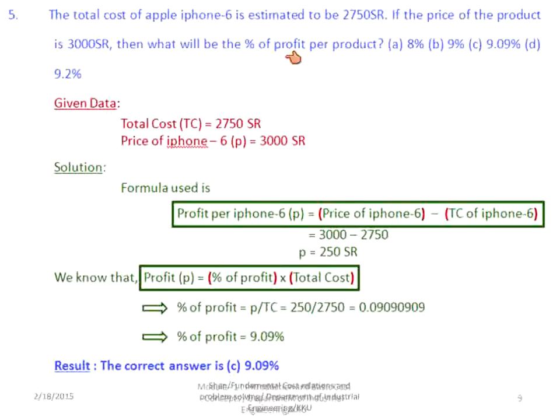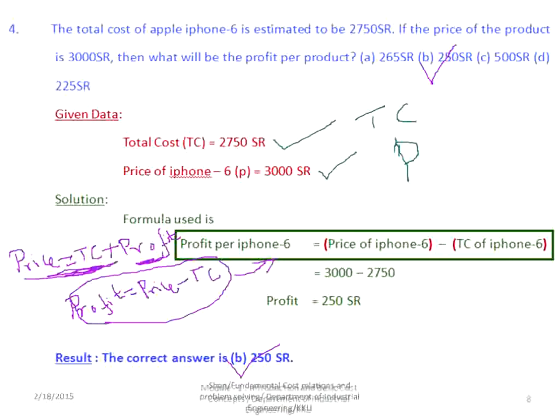Then what will be the percentage of profit? You have to find out the percentage of profit per product. So they have given options. So you see the formula used. Profit is equal to price minus total cost, as we have seen in the previous slide.